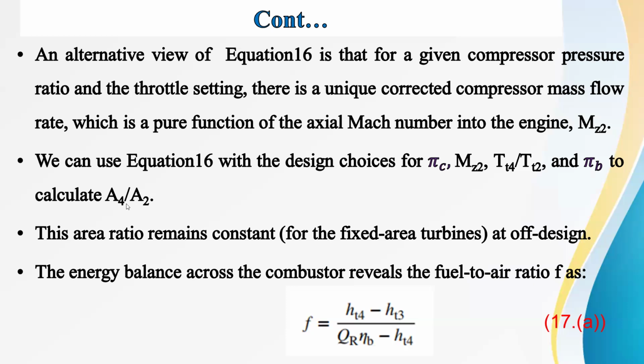Area of 4 is the combustion chamber exit area, and area 2 is the throttle entry area. So that ratio can be easily calculated from knowing these parameters. This area ratio A4 to A2 is constant for fixed area turbines.